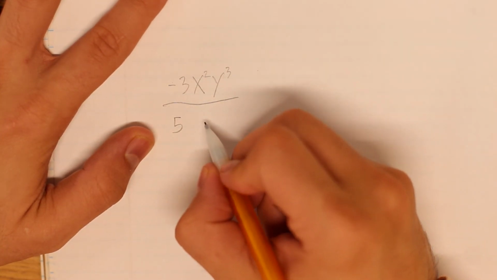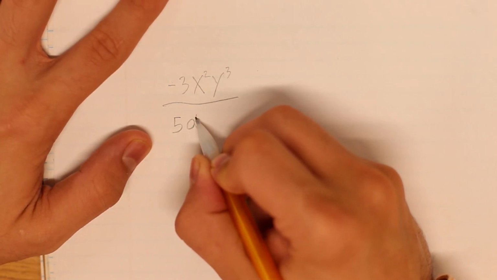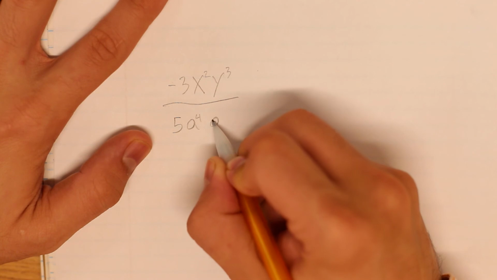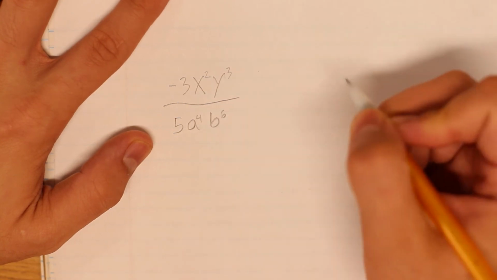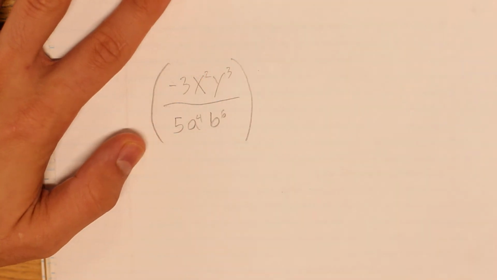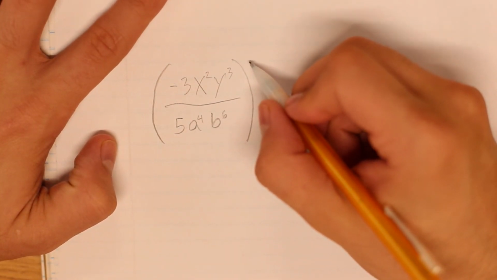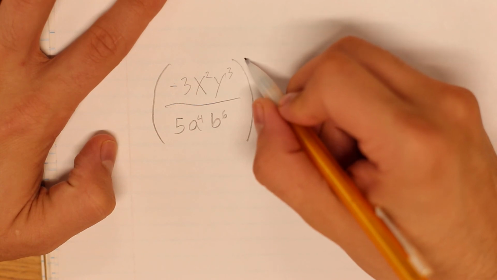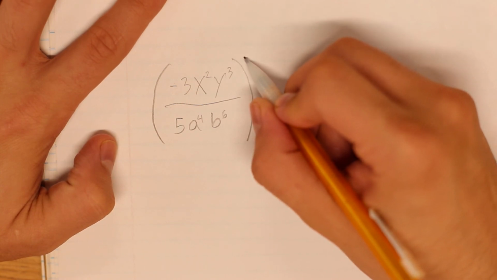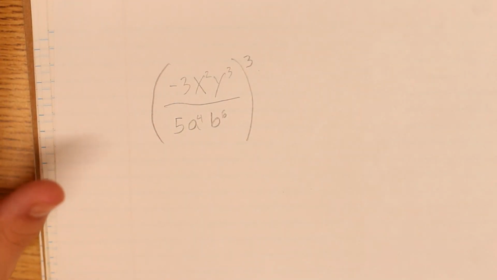And then we're going to have, down here, a to the 4th and b to the 6th. And we're raising all of that to the, well, why don't we just go ahead and say the 3rd? Yeah, the 3rd power, okay? We'll keep it not too complicated.